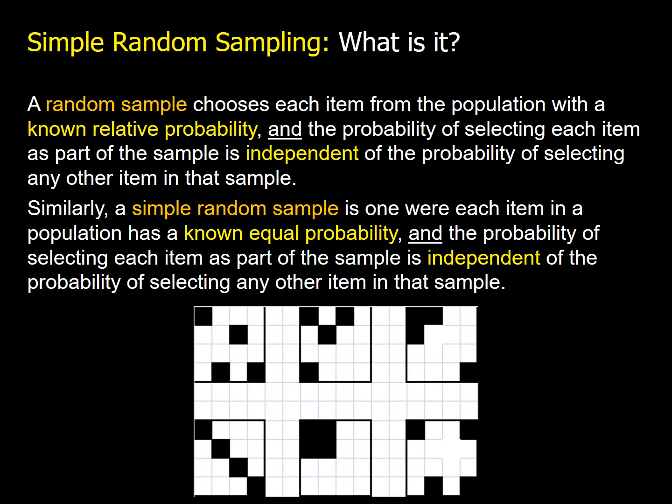When we are doing this, we must remember that an underlying assumption of inferential statistics is that any sampling design must ensure a known relative probability of each observation being selected and that the samples will be independent of the other selected units. This is the basis for a random sample. Although very similar, this differs from simple random sampling, which requires us to have a known equal probability for each sampling unit.